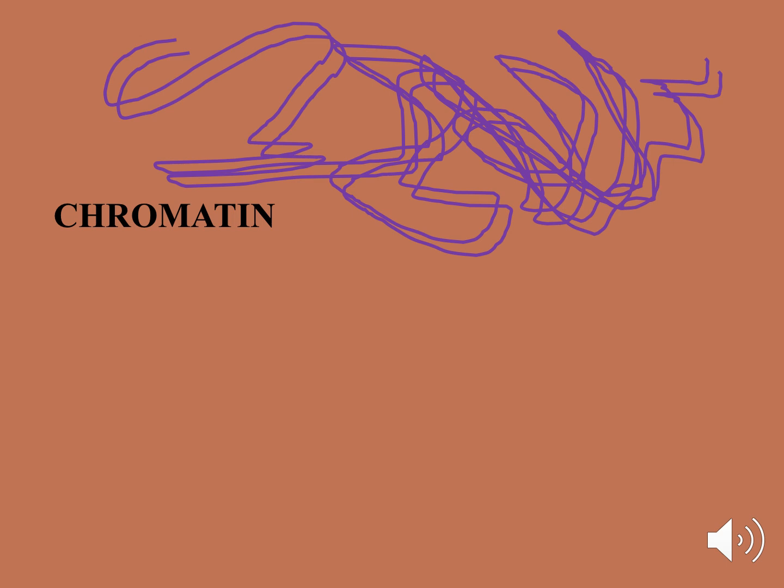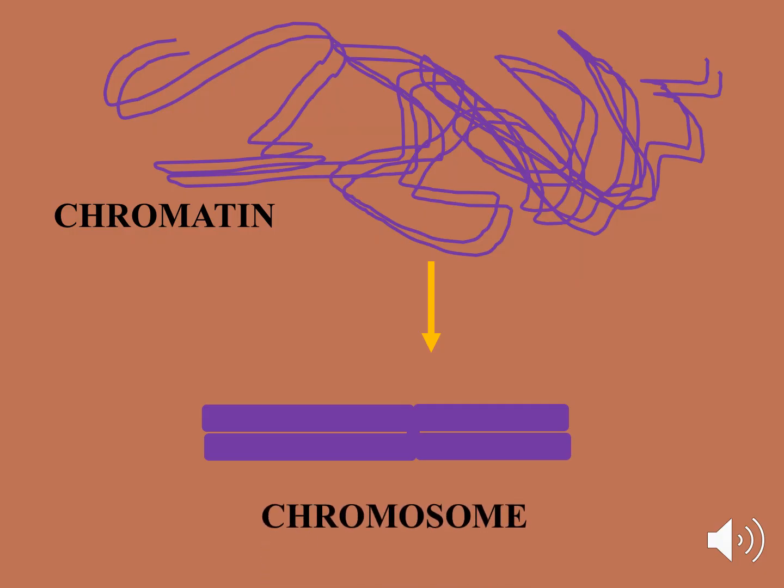So you double up the DNA, you double up the chromatin, and then the cells go ahead and condense the chromatin down to a chromosome. Chromosome means colored body. So the chromosomes only appear once in a while, when you are in the process of replicating the cells. In the meantime, it's always in chromatin form.